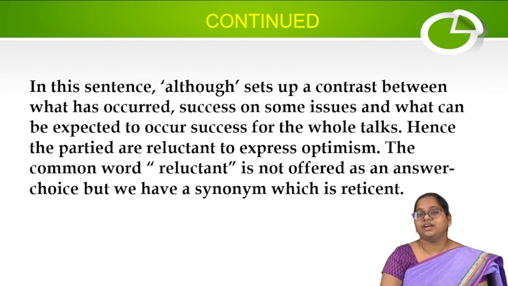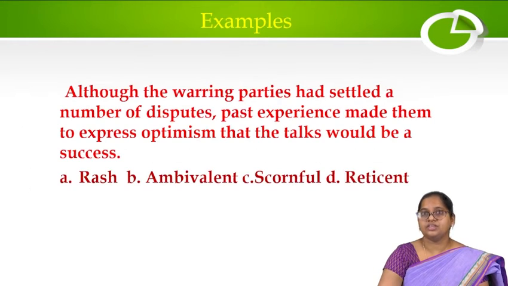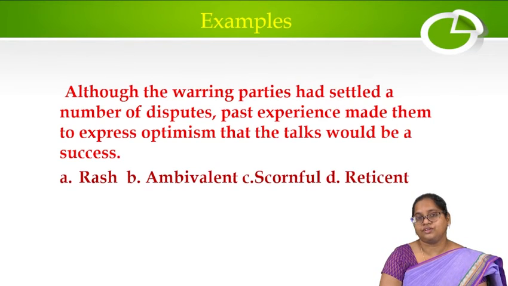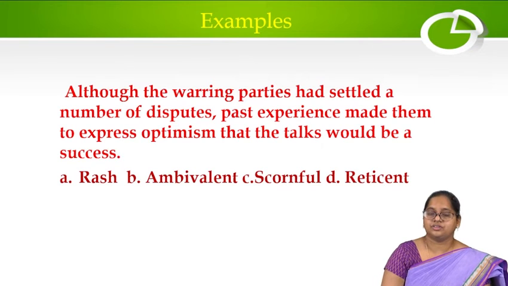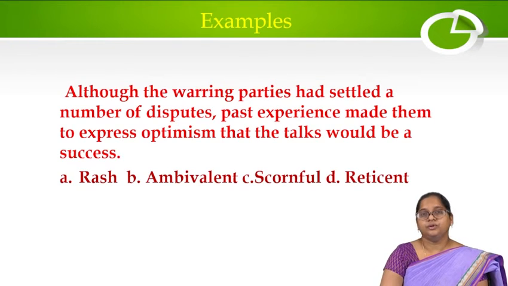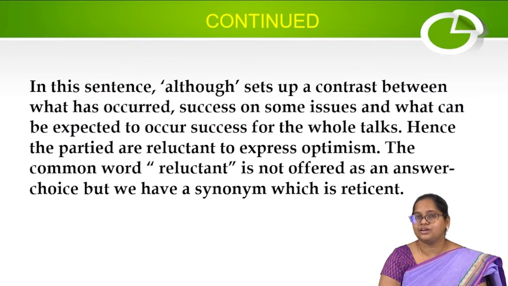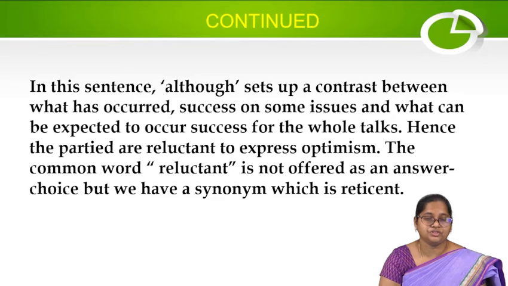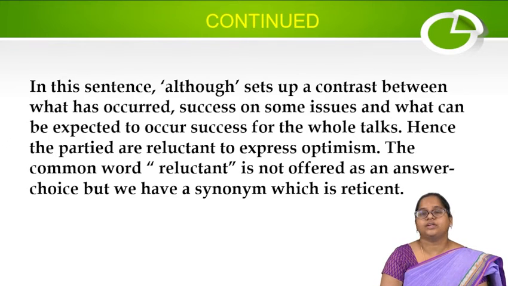Let me confirm the answer with the explanation in this slide. In this sentence, these parties, though they settled a number of disputes in the past, now don't carry the same kind of confidence in the present situation, and they were hesitating. So 'although' sets up a contrast between what has occurred, success on some issues, and what can be expected to occur, success for the whole term.